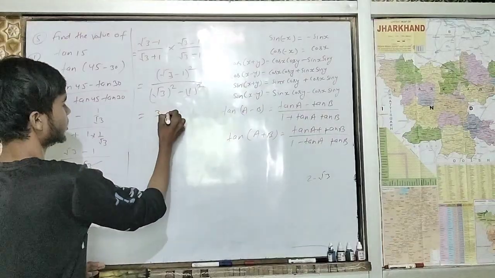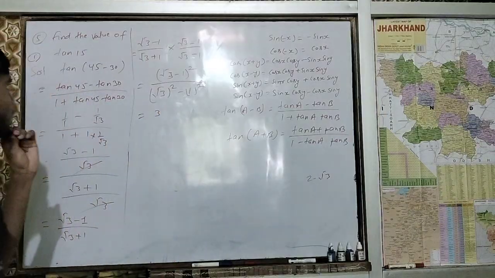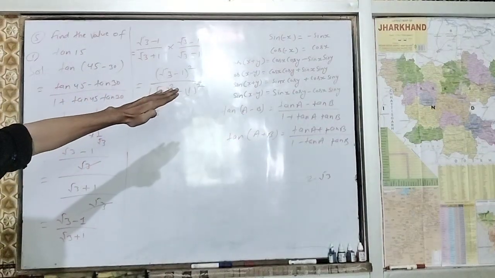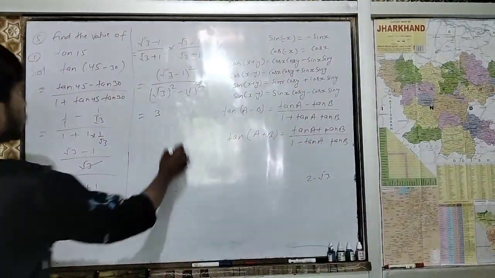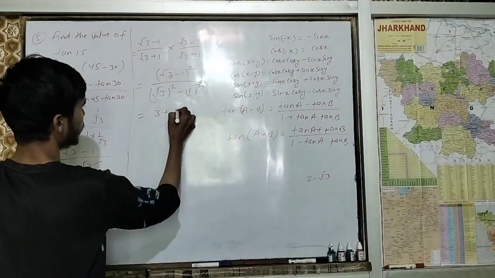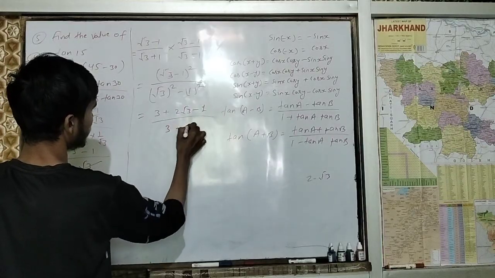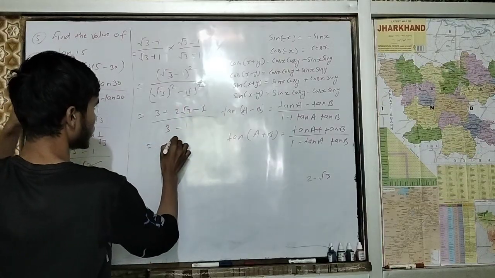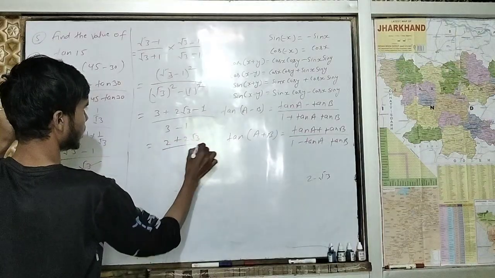This 3 will become, then we have 2 multiplied by, but hold on, at the end 2 multiplied by root 3 minus 1 upon 3 minus 1. Okay, it is giving you 2 plus 2 root 3 upon 2.